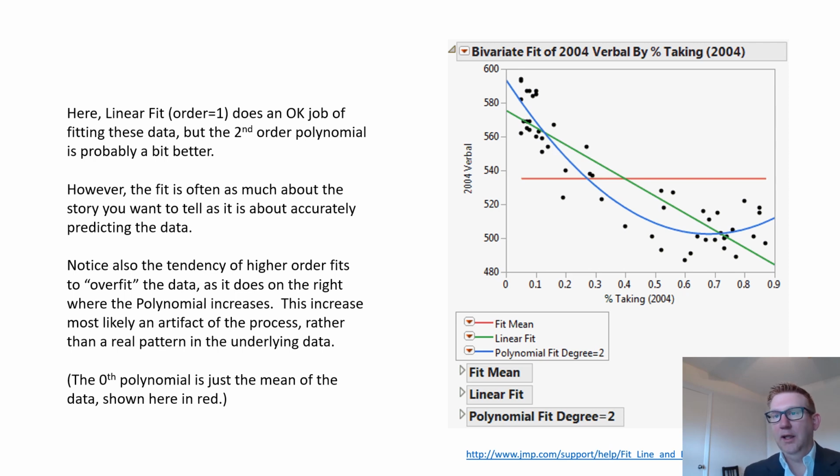The first way that I can capture that fit is by just taking the mean of the y value. Here we've got a graph showing the percent taking versus the 2004 verbal score on, I assume, the SATs. So one way of summarizing this, or fitting a model to this, is to just figure out the average.